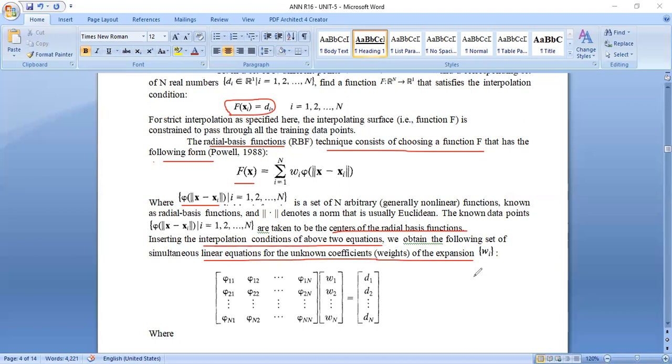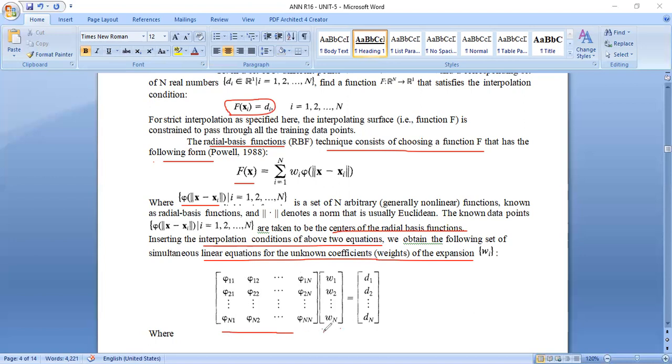Here, phi of ij is represented as a square matrix, and this phi of ij is multiplied with w.